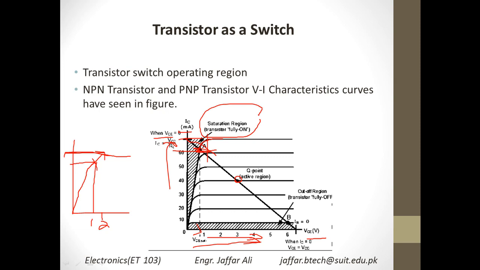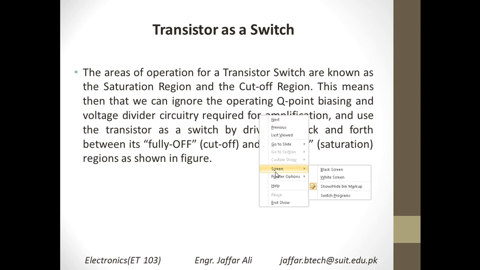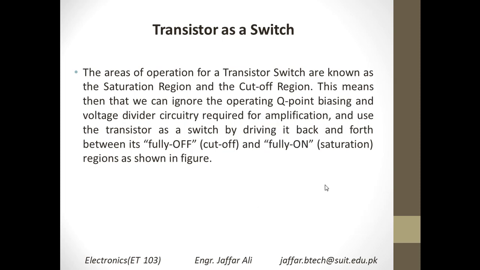So moving swiftly on, some more explanation of transistor as a switch. The areas of operation for a transistor are known as the saturation region and the cutoff region. As I have already told you, these two regions where you term this transistor as a switch are basically a saturation region, and this region is basically known as the switch on region, where your device is completely on.